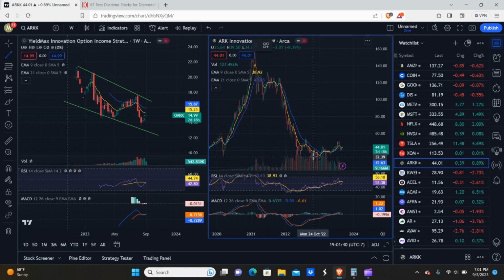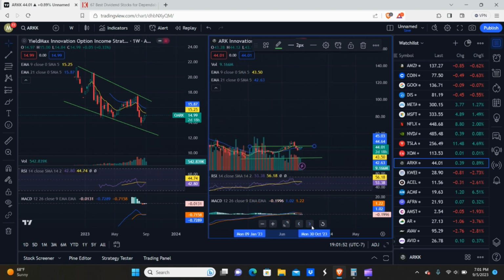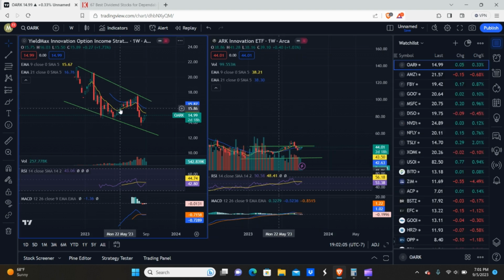I gotta draw some lines here. So you guys can see that we have more or less chopped sideways on this thing. If you look at the price action here, it kind of bottomed out here, and it has been bobbing around, slowly moving up, whereas OARK has slowly been moving down.